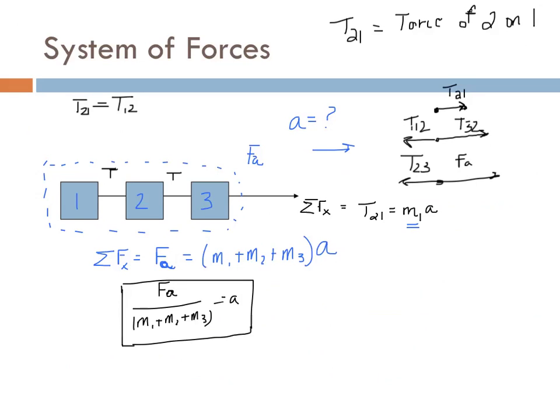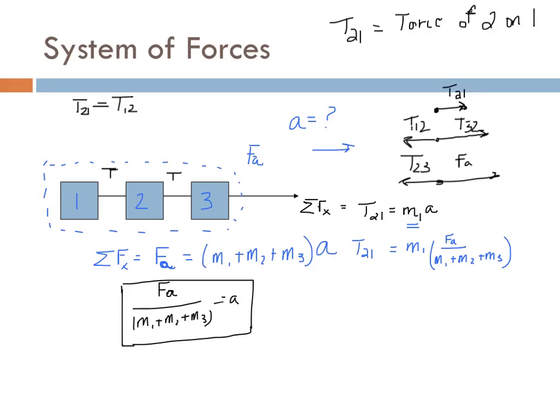So here we're talking about the forces acting on object 1, so we're only considering the mass of object 1. We already figured out what our acceleration was, so I can actually just plug all those numbers in. And now we know what the value is for this tension.